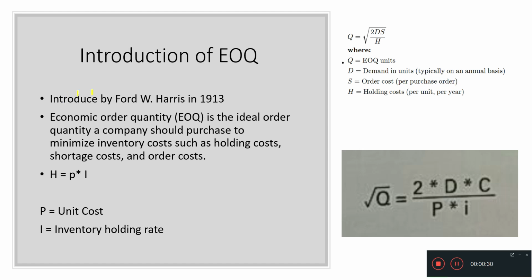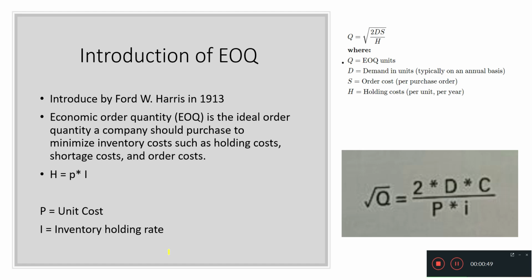EOQ was first introduced by Ford Whitman Harris in the year 1913. EOQ is defined as the ideal order quantity a company should purchase to minimize the inventory costs, such as holding costs, shortage costs, and the ordering cost.